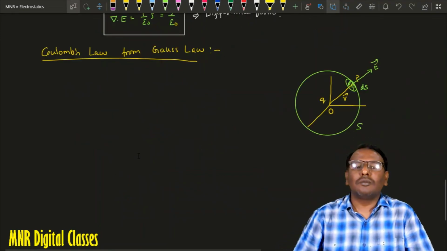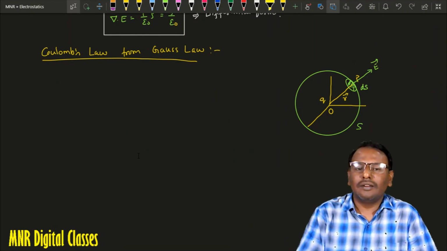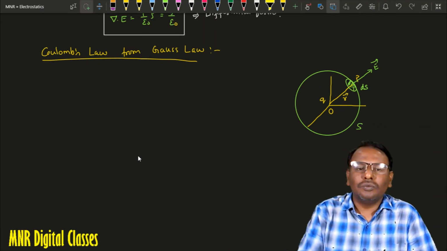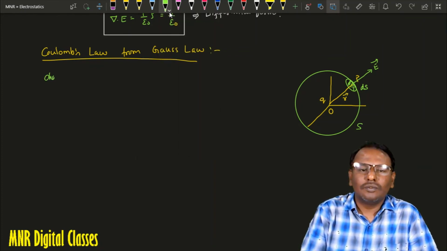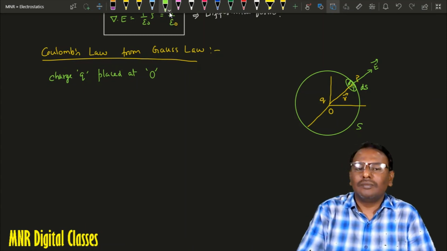Now let us arrive at Coulomb's law starting from Gauss law. For that, let us consider a charge Q placed at O, that is the origin of this coordinate system.